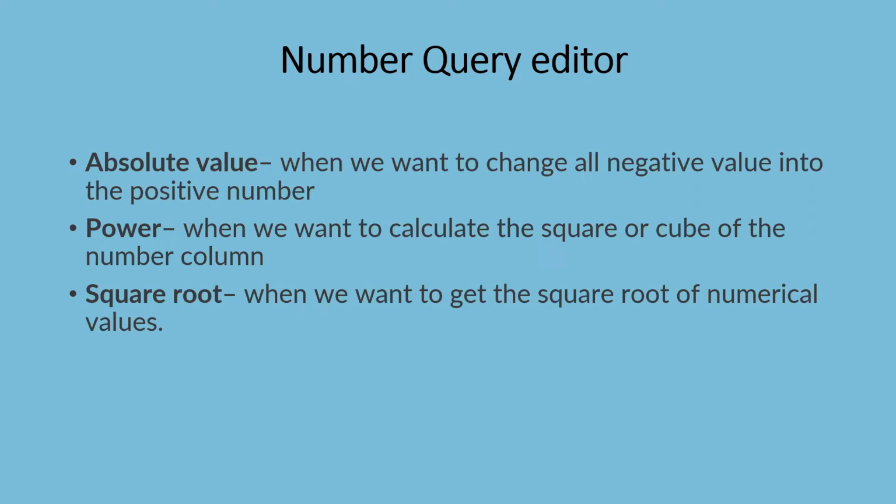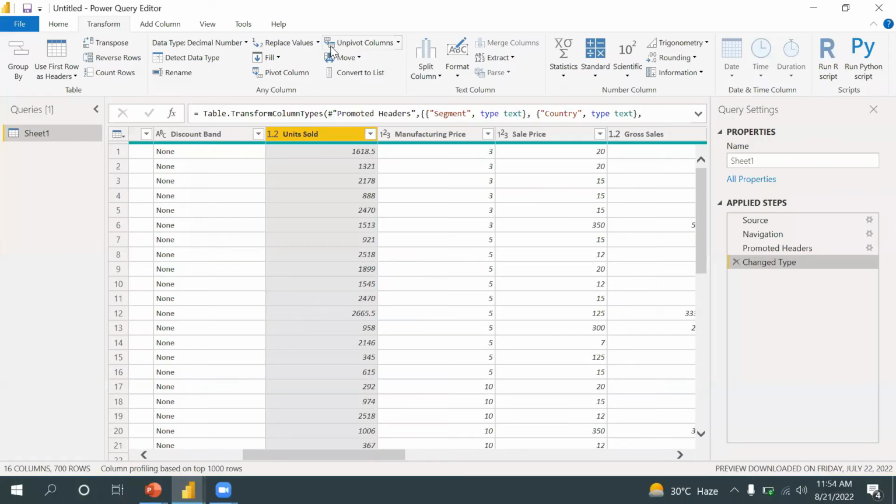Square root is used when you want to get the square root of a numerical value. Similarly, we have modulo and percent, so whenever there is a requirement related to percent or modulo, we can use that. Other than that, we have exponential, log, and factorial, which we can again use as per the requirement.